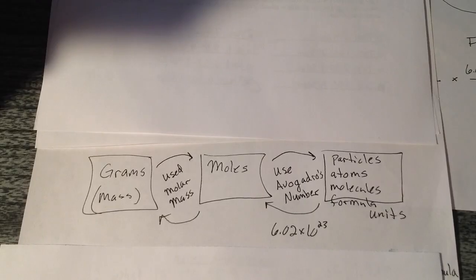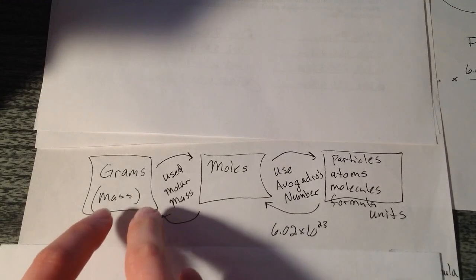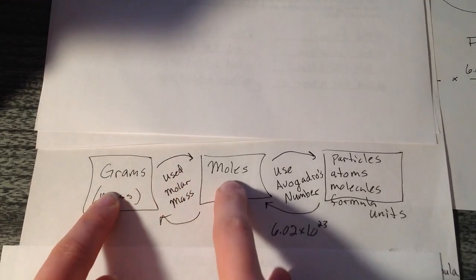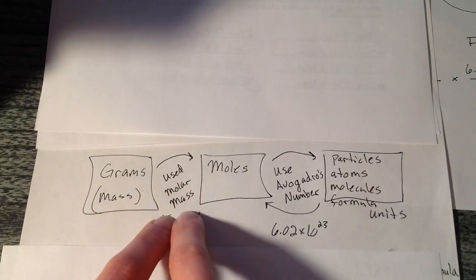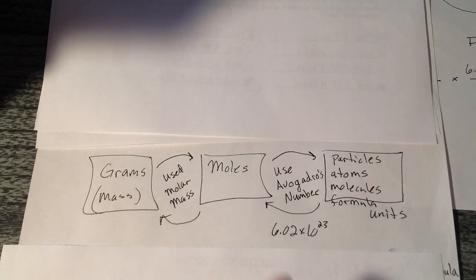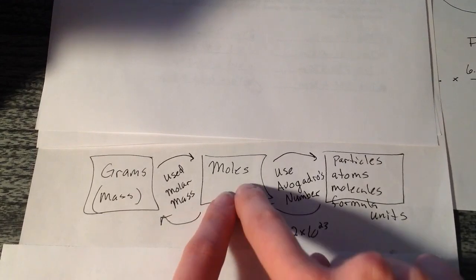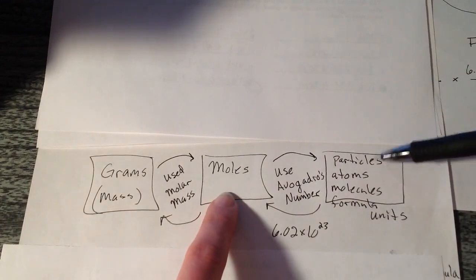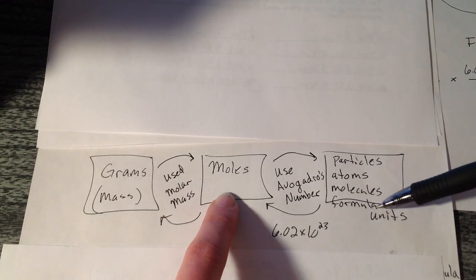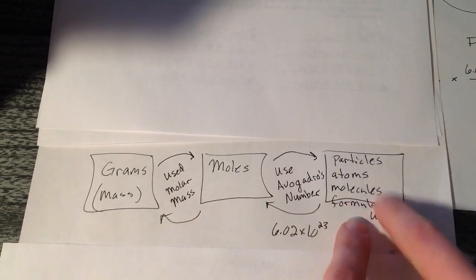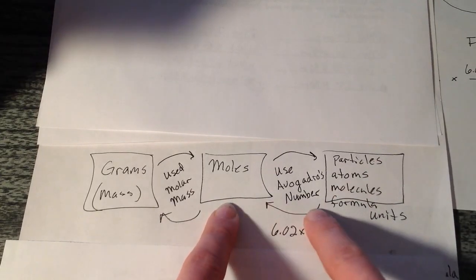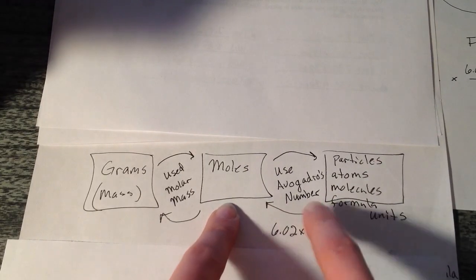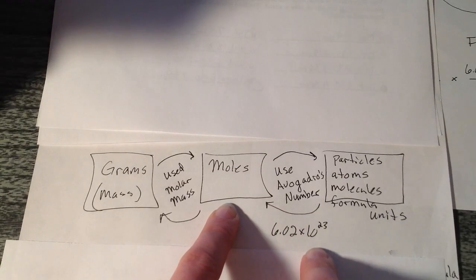To recap, if we're going from grams into moles, or we are starting in moles and going to grams, we're going to use molar mass. If we are trying to convert our units from moles into particles, atoms, molecules, or formula units, or if we're starting in any of these units and trying to get to moles, then we would use Avogadro's number, which is 6.02 times 10 to the 23rd.